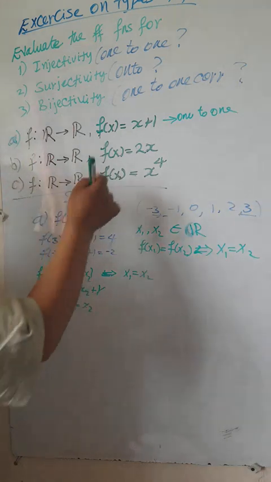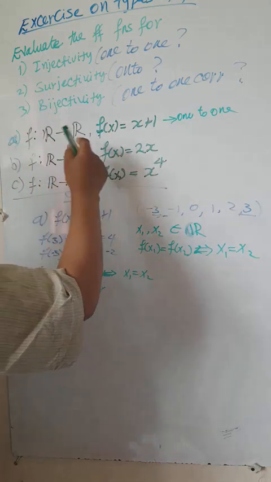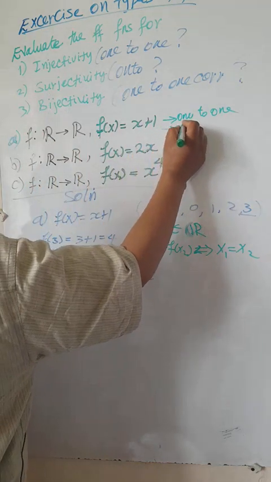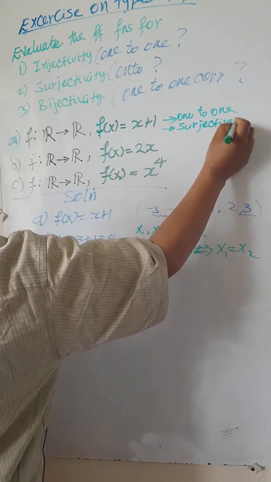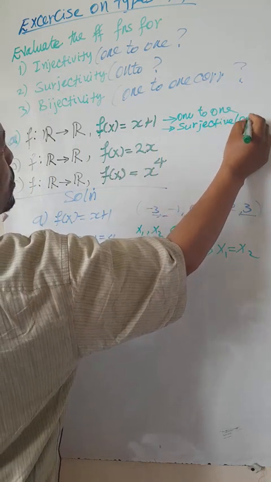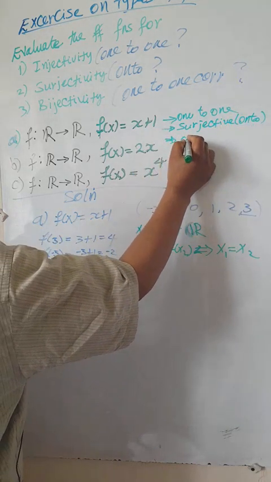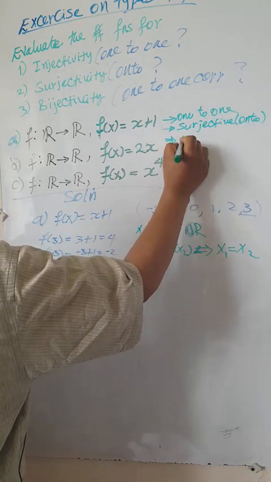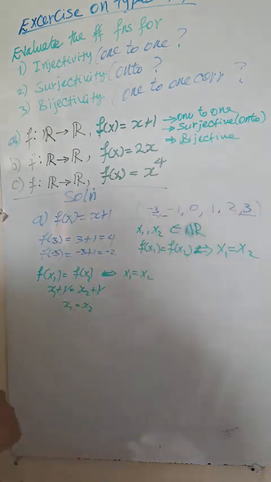Whatever number we put in, we get a number that is a real number. So this is surjective, or onto. Since it satisfies both, this function is a one-to-one correspondence, or bijective.